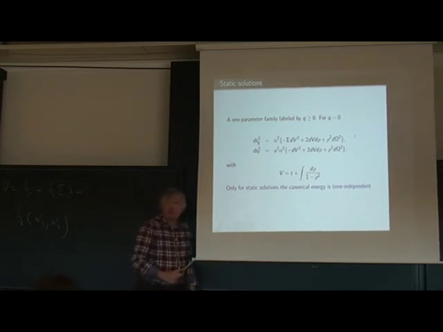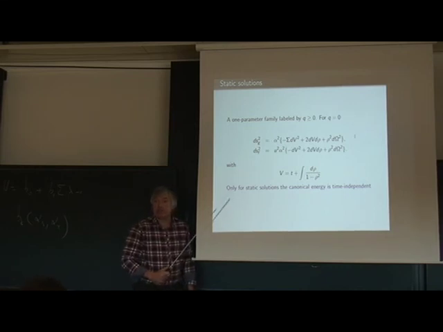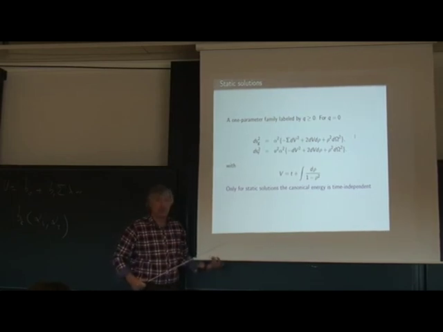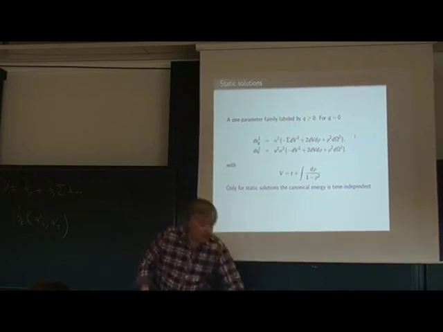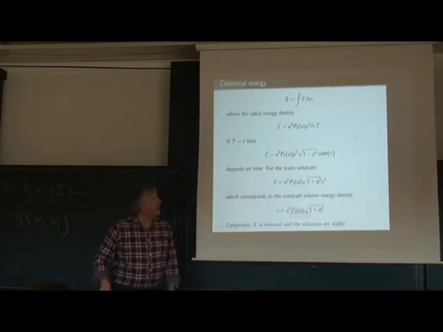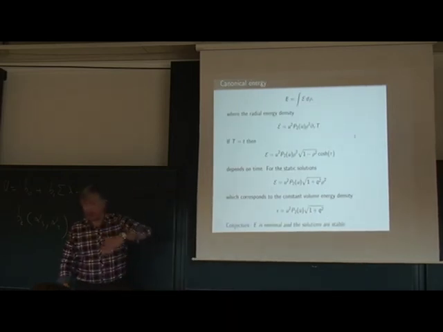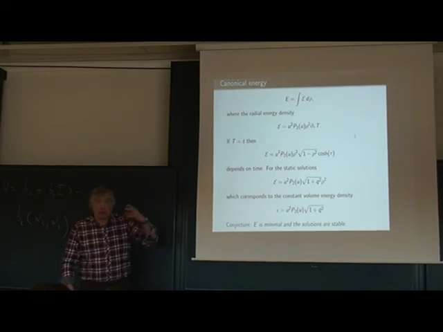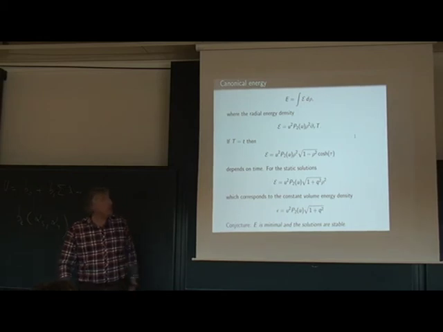And only for these solutions, the energy is time independent. This is very strange. So all other solutions, infinitely many of them, have time-dependent energy. And then the energy can be again defined, constructed by the canonical methods, even though it's a little bit involved for non-trivial Schickelbergs, but it can be done.